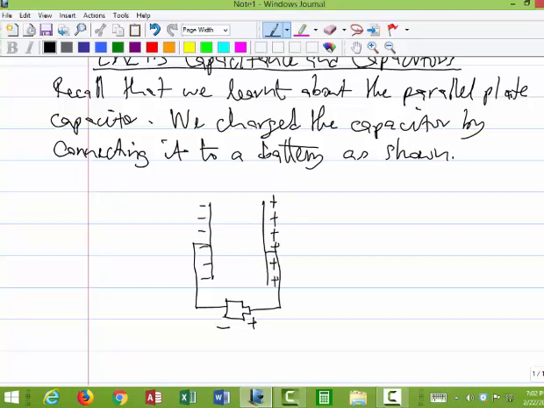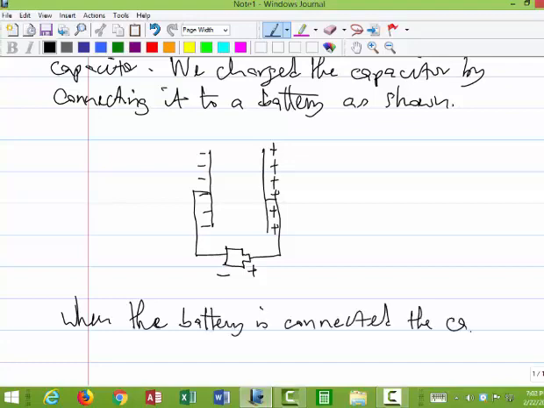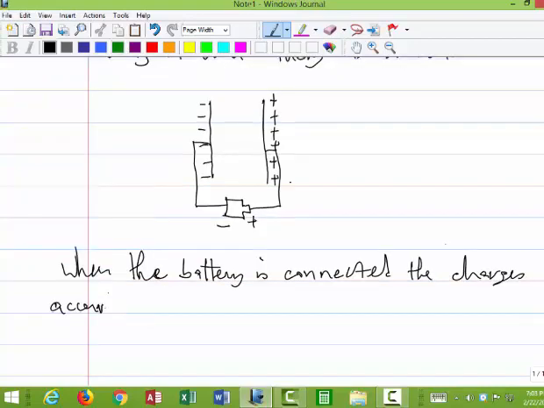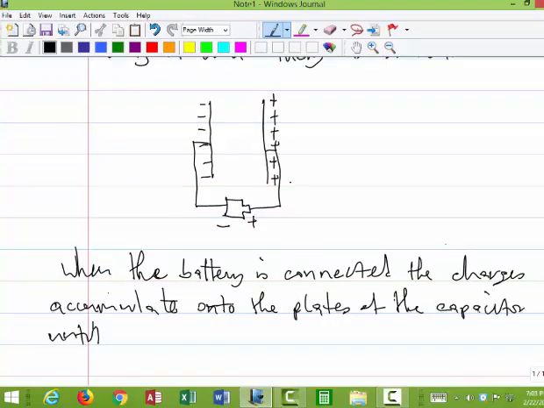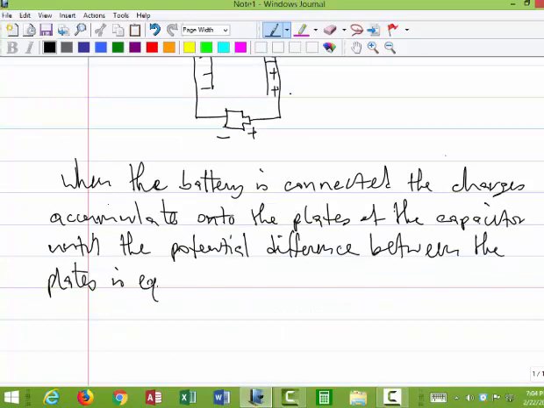So the electric field is uniform between the plates of the capacitor. When the battery is connected, the capacitor charges, let's say current flows. I don't want to talk about current yet, so I'll say that the charges accumulate onto the plates of the capacitor until the potential difference between the plates is equal to the potential difference of the battery.